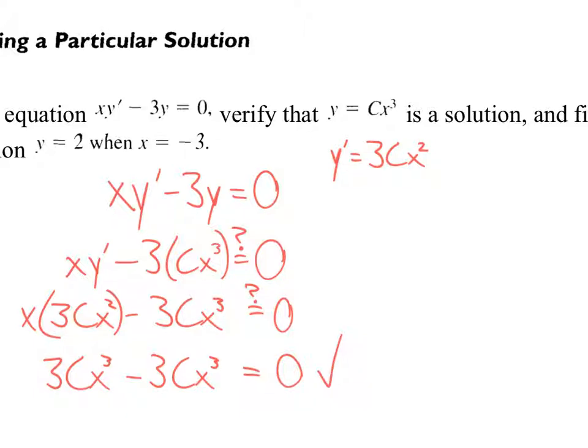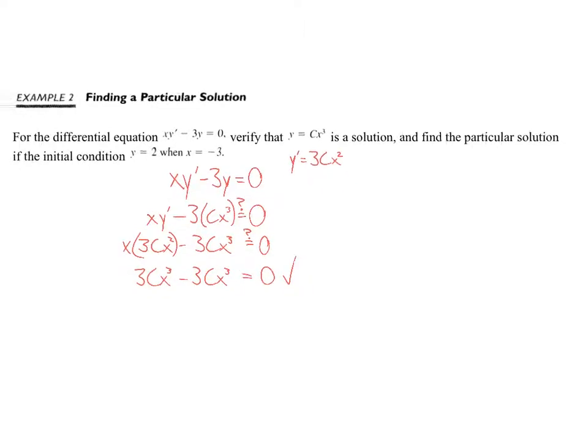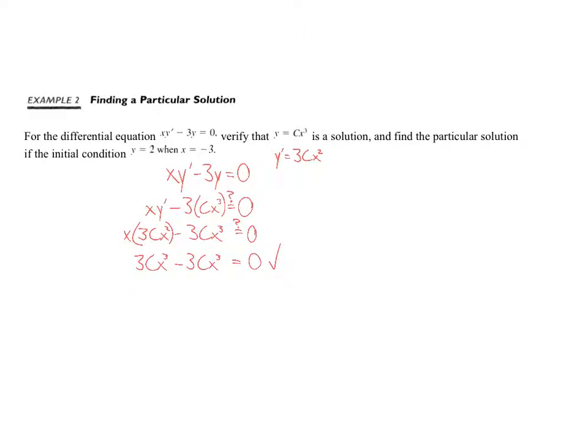Okay? So now they want the particular solution with the initial condition y equals 2 when x equals -3. The initial condition is simply a point that we want the general solution to hit. Remember, this with the constant in it is a general solution. Oh wait, sorry, I circled the wrong one.